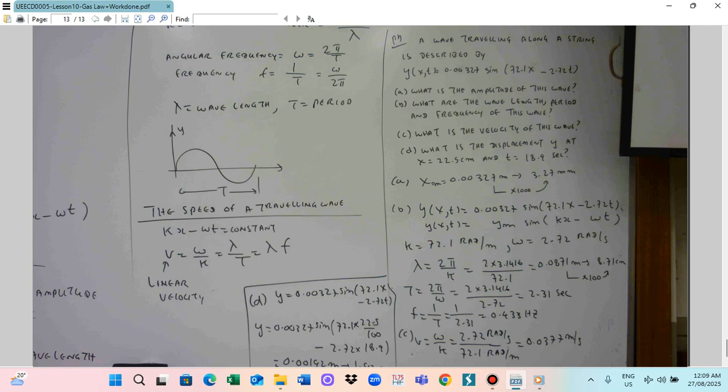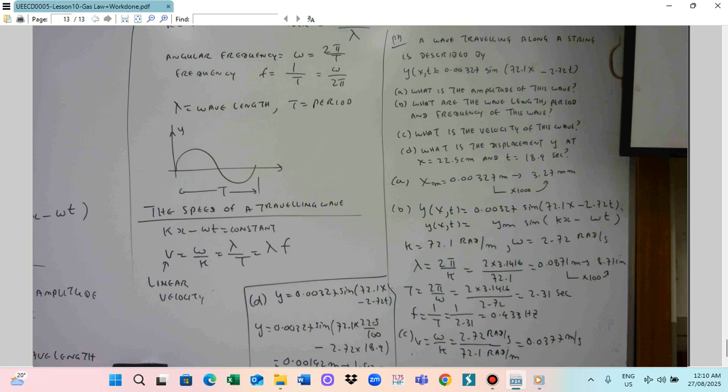In the meantime, omega can also be calculated. Omega is equal to 2.72 radian per second. So we can calculate k and omega. After that, you can calculate the wavelength lambda.